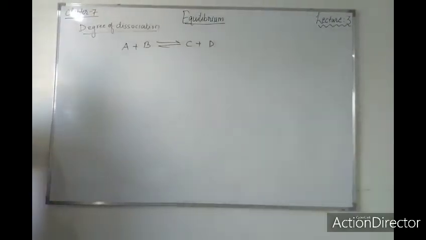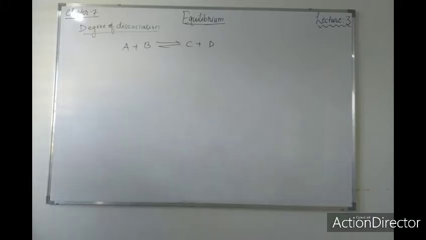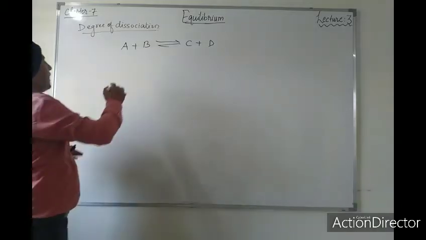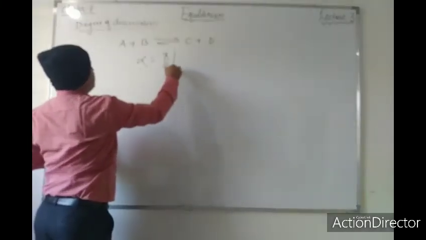If anybody asks you what is the number of moles of reactant, if the fraction of moles of reactant dissociated is, if I ask you what is this dissociation, then directly understand that alpha is equal to x by a. This is the degree of dissociation.